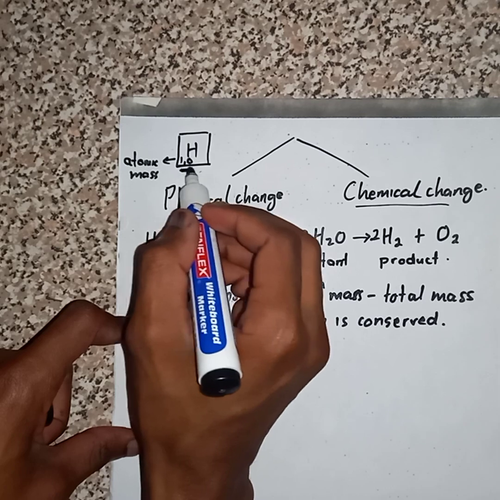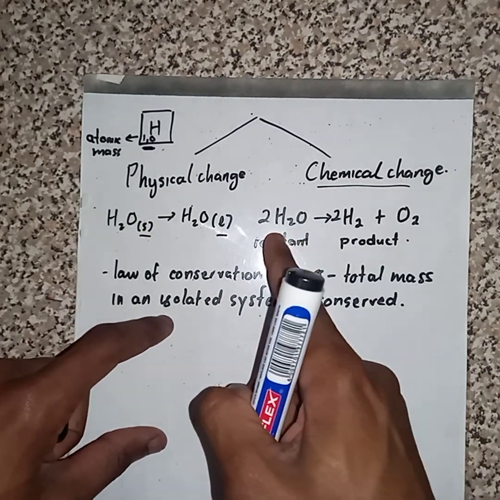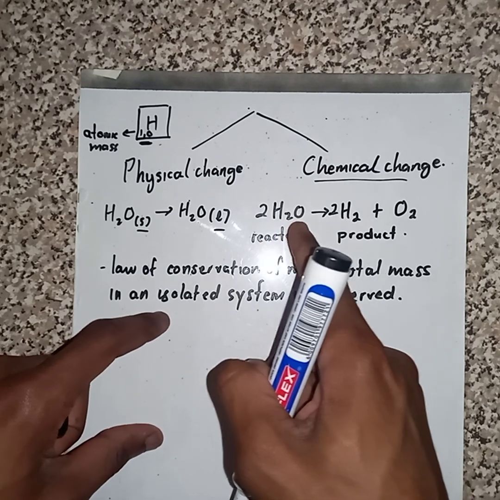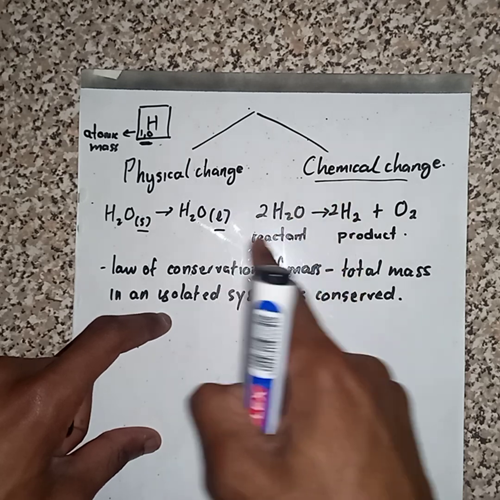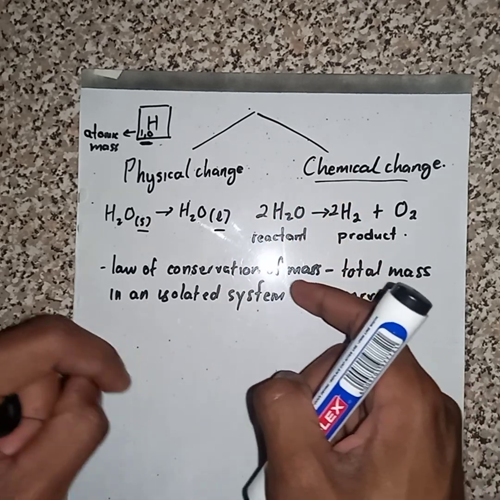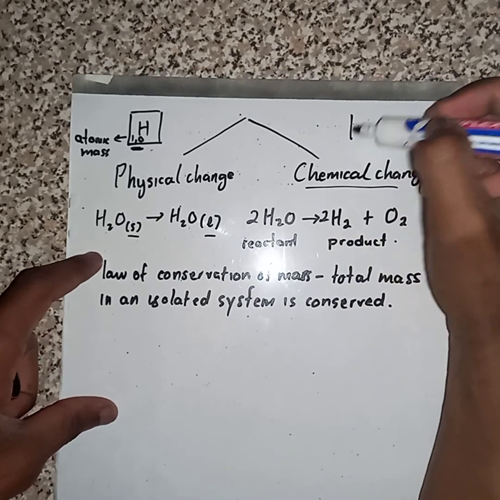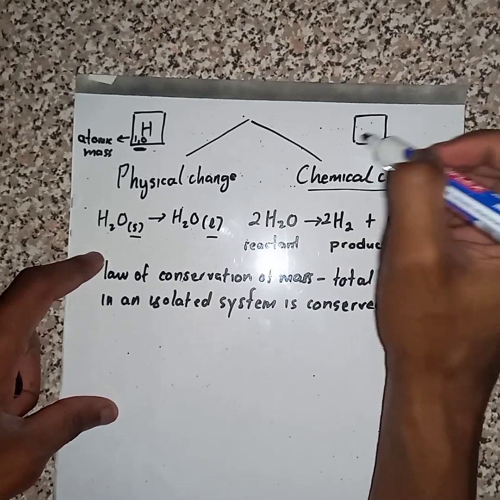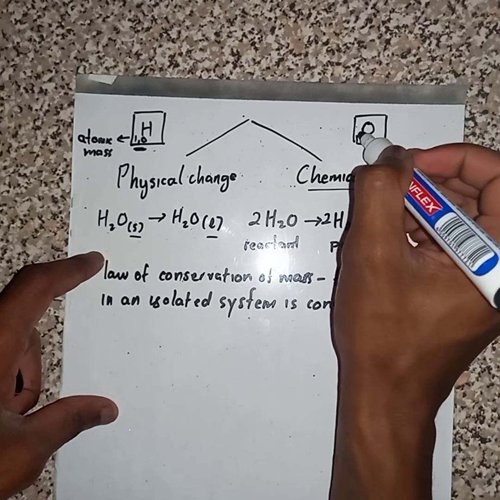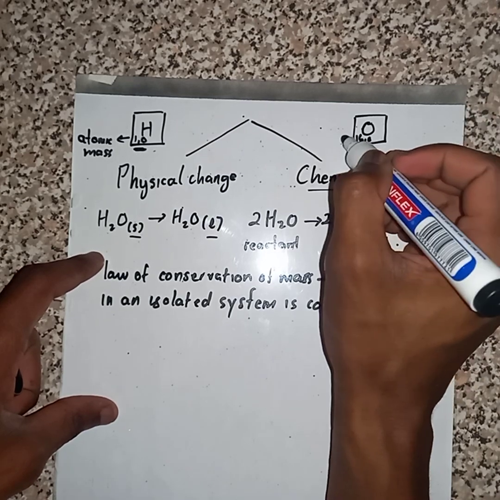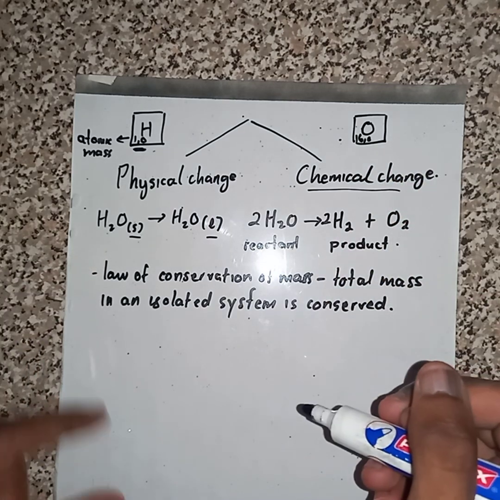We want to use this number to calculate the molar mass of 2H2O in this given equation. Then we also have oxygen. The atomic mass of oxygen is 16.0. And how are we going to do that?